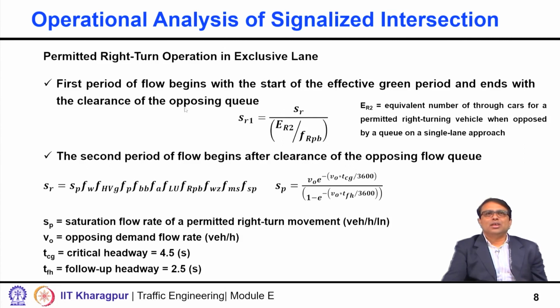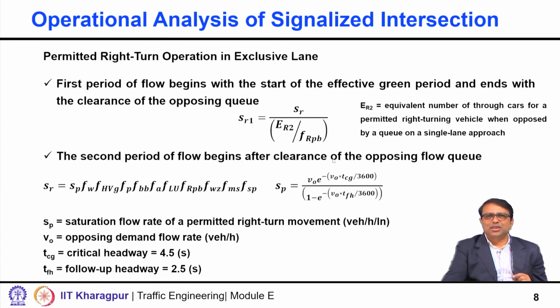When the second period of flow begins, after clearance of the opposing flow queue, the saturation flow may be calculated using this equation, which is again logical. The only new term here is SP, the saturation flow rate of a permitted right turn movement.